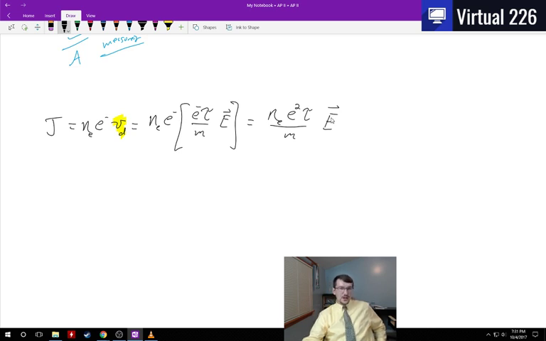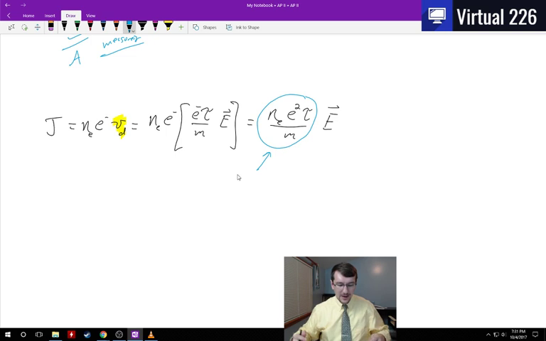Okay? Now, if this is a current density, or how much current is moving along through our wire through some opening, what this is representing right here is how easy it is, or the ability of the wire to push this charge along.